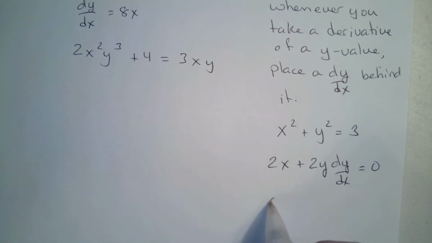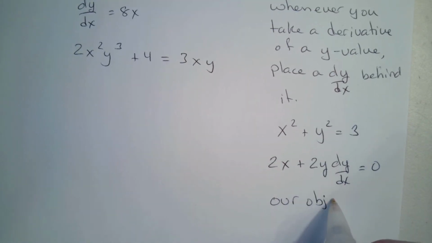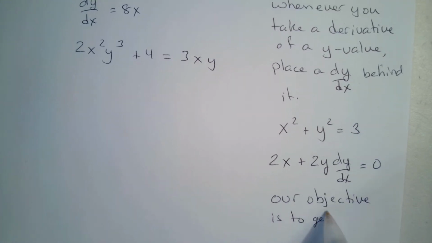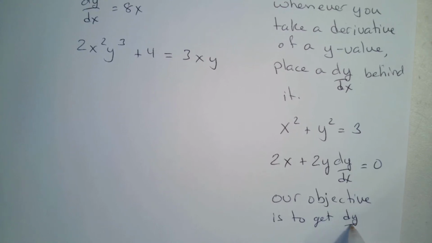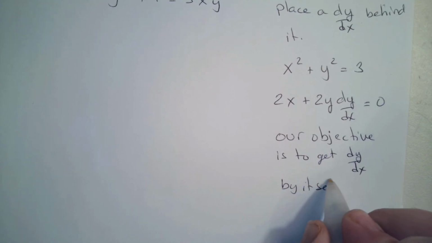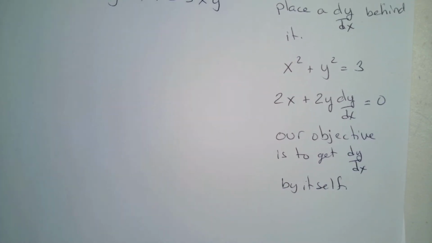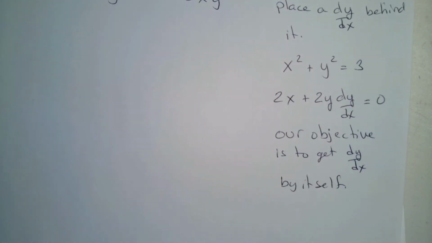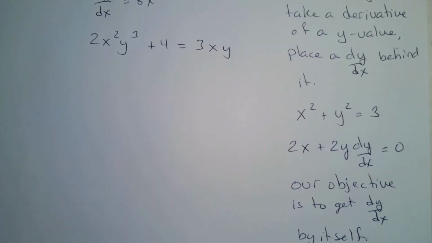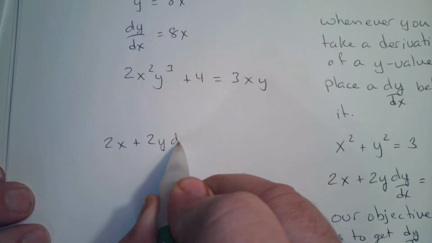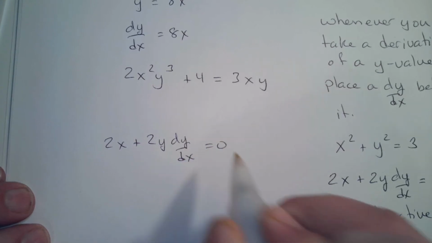Because our objective here is to get dy/dx by itself. So we'd have to move everything around to isolate dy/dx. So for example, we had 2x plus 2y dy/dx equals 0.